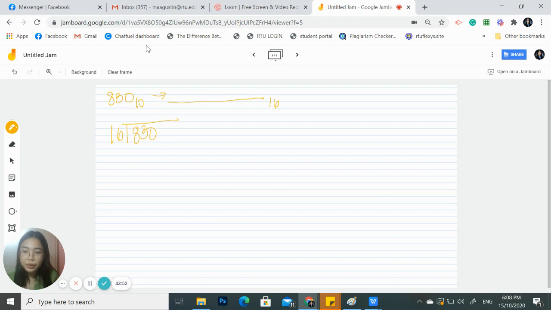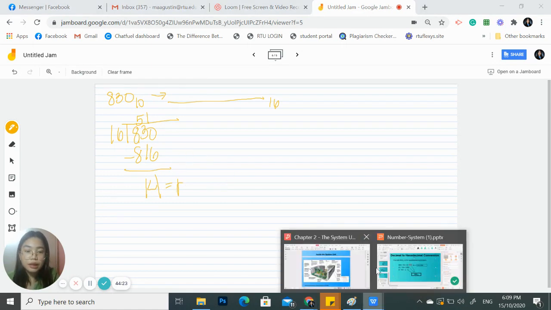So, divide muna natin itong 830 divided by 16. So, that will be 51. Okay, so 51 times 16, that will be 816. So 830 minus 816, that will be 14. Okay, so si 14 ang ating remainder.